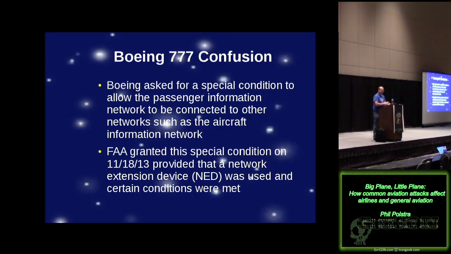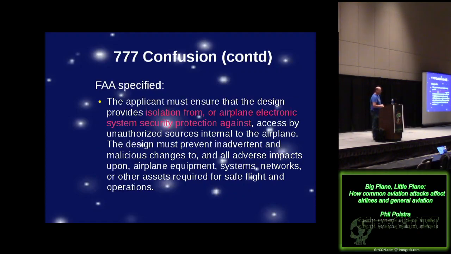Boeing asked them for a special condition to allow the passenger information network to be connected to other networks, and they granted them this condition as long as they used a NED, right? So, one of the things they said is that there had to be isolation from, or airplane electronic system security protections against, bad things, right? I'm not going to read the whole slide.